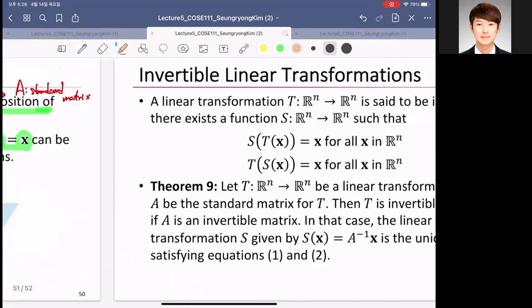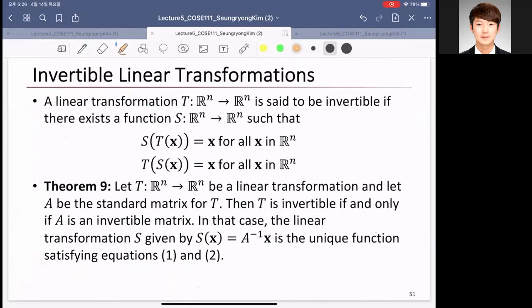One more thing is that a linear transformation T from Rn to Rn is said to be invertible if there is a function S from Rn to Rn such that STX equals X for all X in Rn, or TSX equals X for all X in Rn. It's very easy.